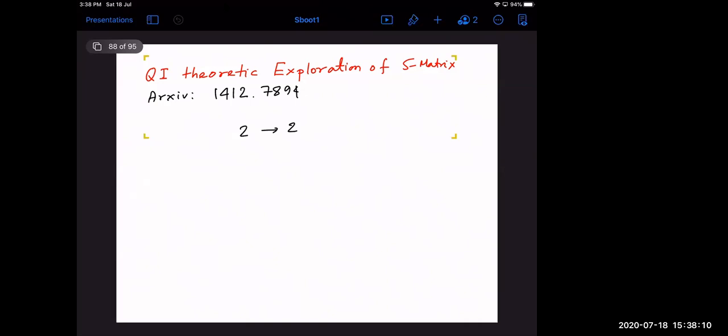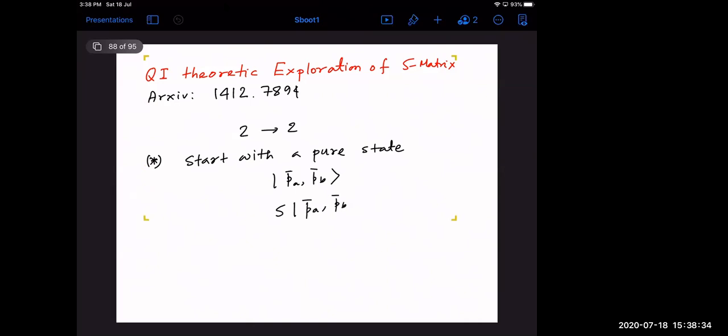But they start with a pure state, of course. Let's say a pure momentum state with momenta PA and PB, and then of course evolve with S, and that gives the final state.